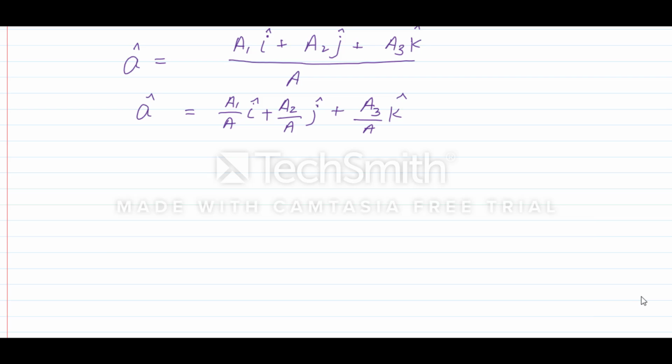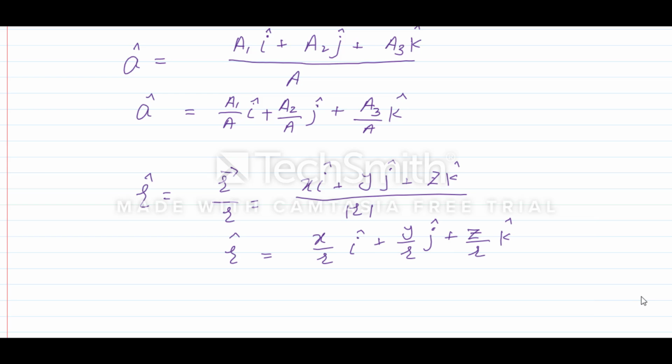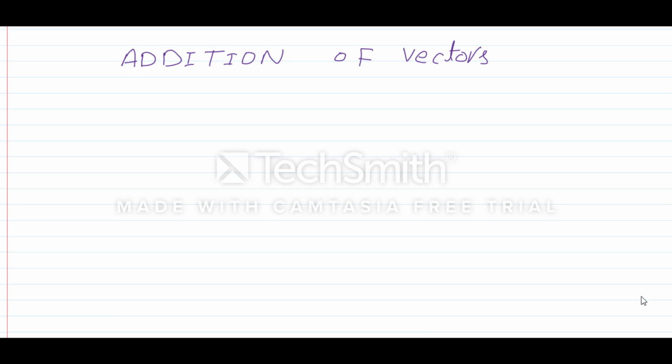Similarly, unit vector in the direction of position vector R can be written as R unit vector is equal to x over R i unit vector plus y over R j unit vector plus z over R k unit vector.